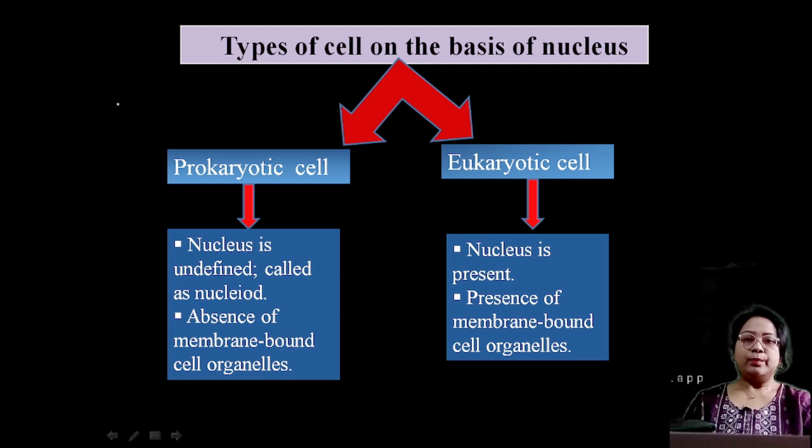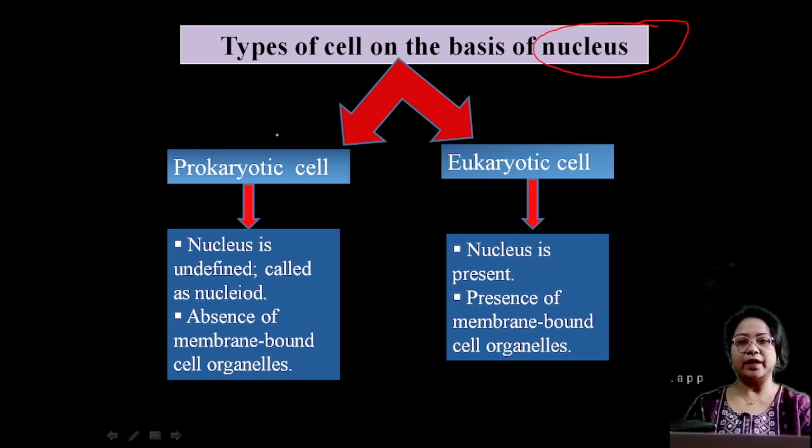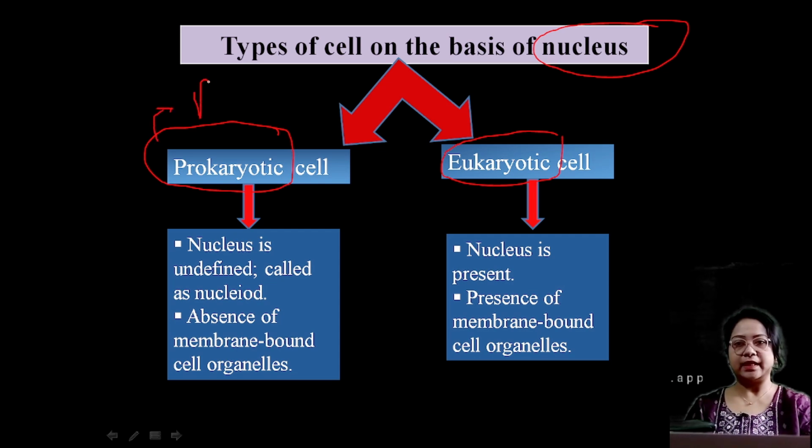So on the basis of nucleus, cells are divided into two types, that is the prokaryotic cell and the eukaryotic cell. So prokaryotic cell, what type of cell is it? Prokaryotic means the previously existing cell, pre-existing cell.